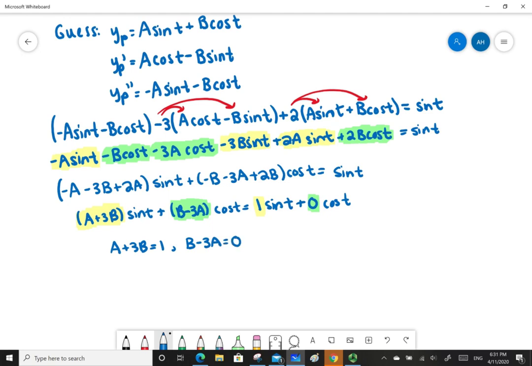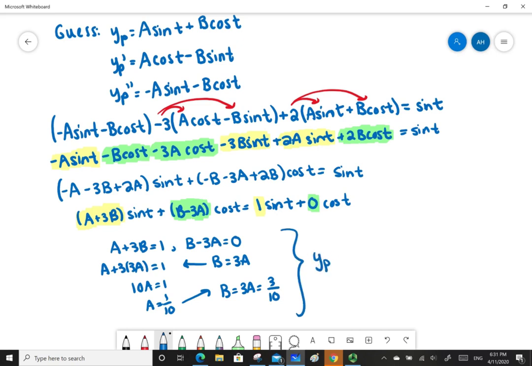How you choose to solve this system is up to you. I'm going to use substitution and say that b equals 3a, so a plus 3 times 3a equals 1, 10a equals 1, so a equals 1/10, and therefore b equals 3a equals 3/10.